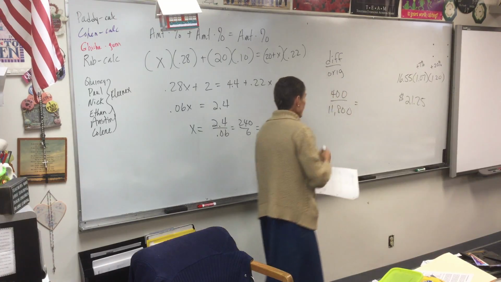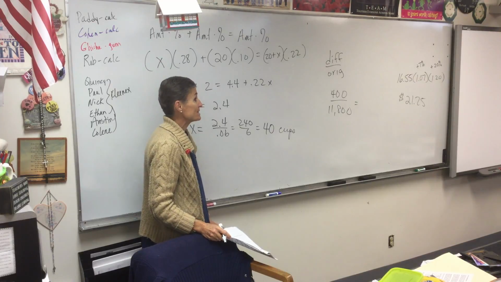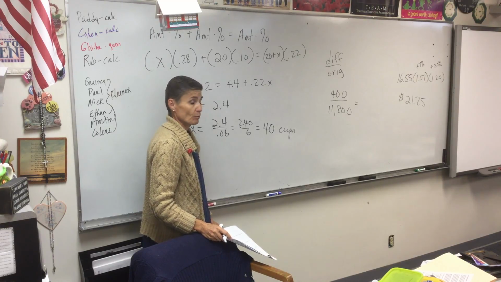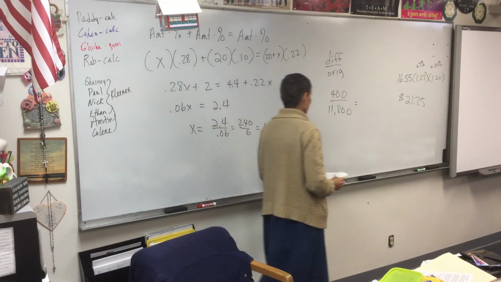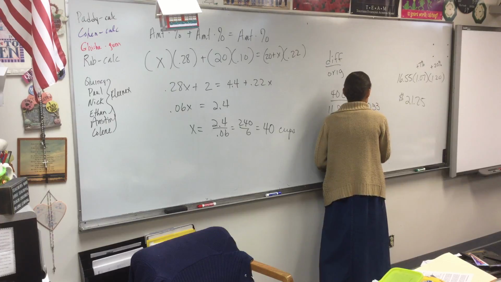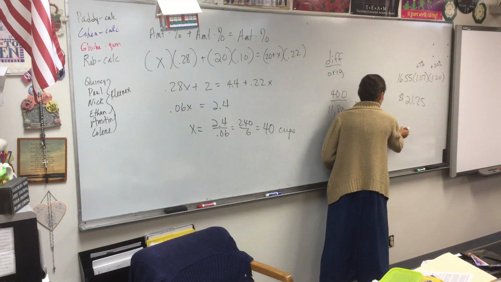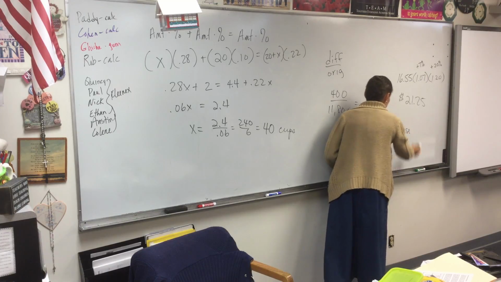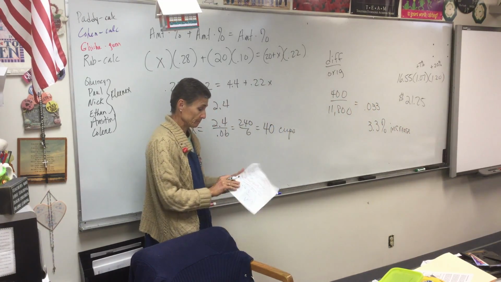So I don't know, you've got the calculator, divide that out, and that's going to give you some decimal that's going to represent a percent. So what do you come up with? 0.033, which is 3.3% increase. So there's been a 3.3% increase.